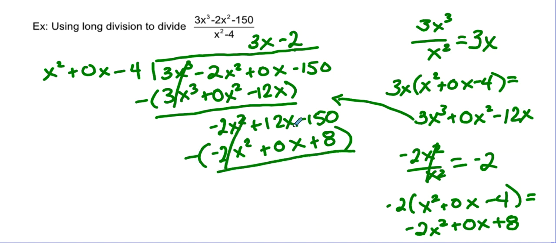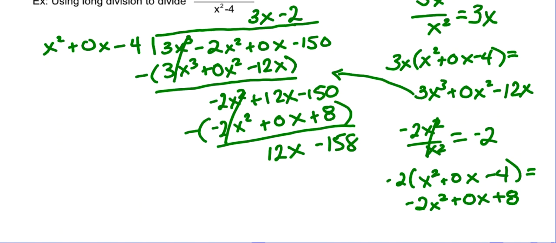So those cancel. 12 minus 0 is still 12. And I have negative 150 minus 8, which is negative 158. So now I can't divide 12x by x squared because the squared has a larger degree. So this is going to show up as part of my remainder.